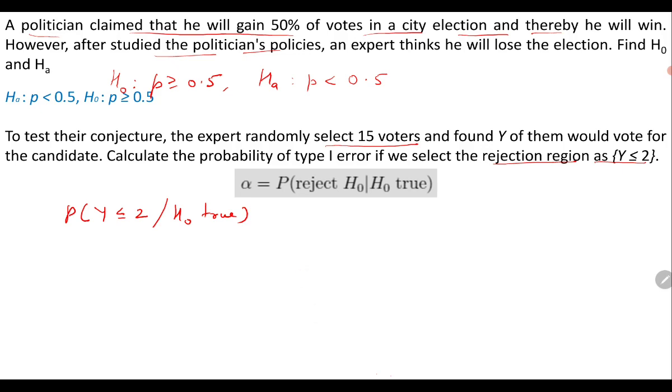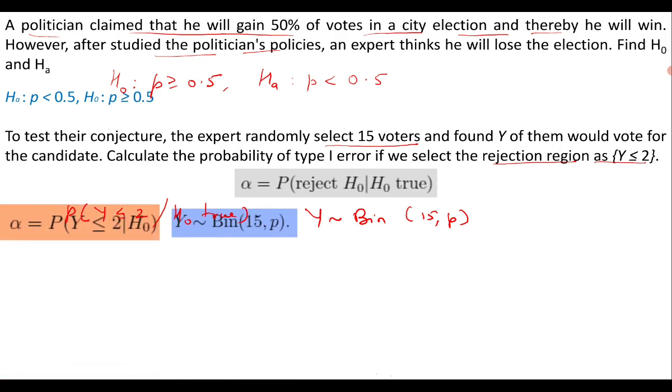To compute this probability, you need a distribution for y. Which distribution does it follow? It is clear, because out of 15, y of them vote for the candidate, so it follows the binomial distribution where n is 15 and with probability p. How do you compute p when it is not given?